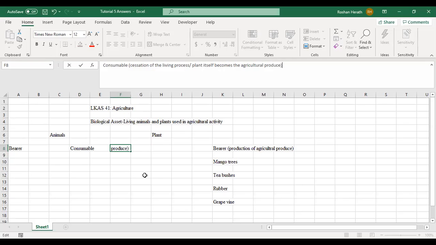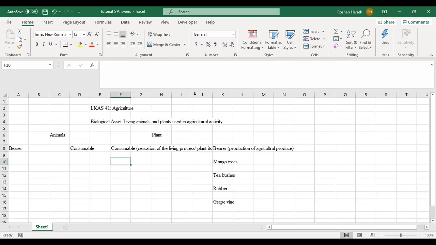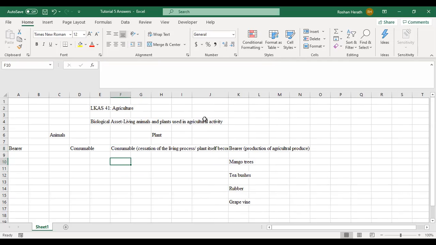If I'm to give some examples, think about the teak plantation. Does that give any agricultural produce like in the case of mango trees or tea bushes? No, that's not the case. We are simply cultivating this teak.